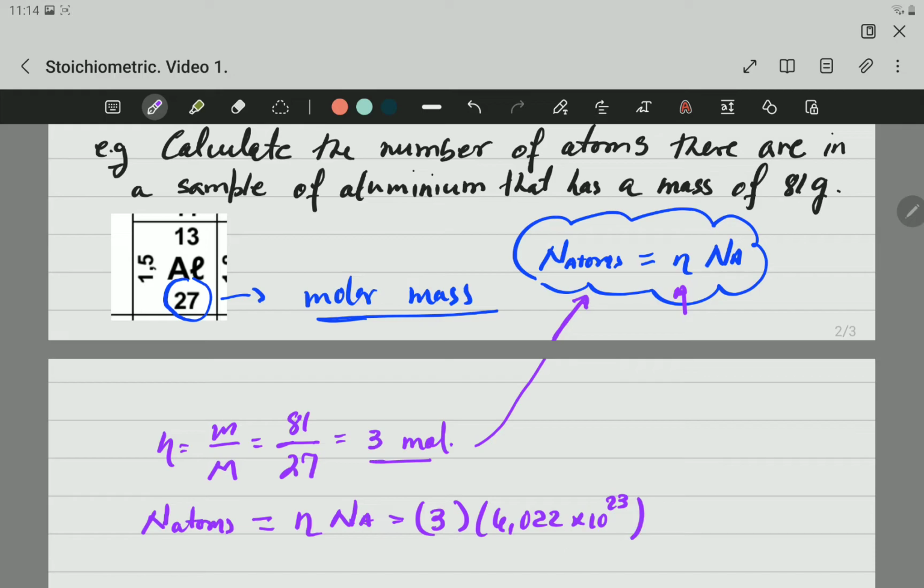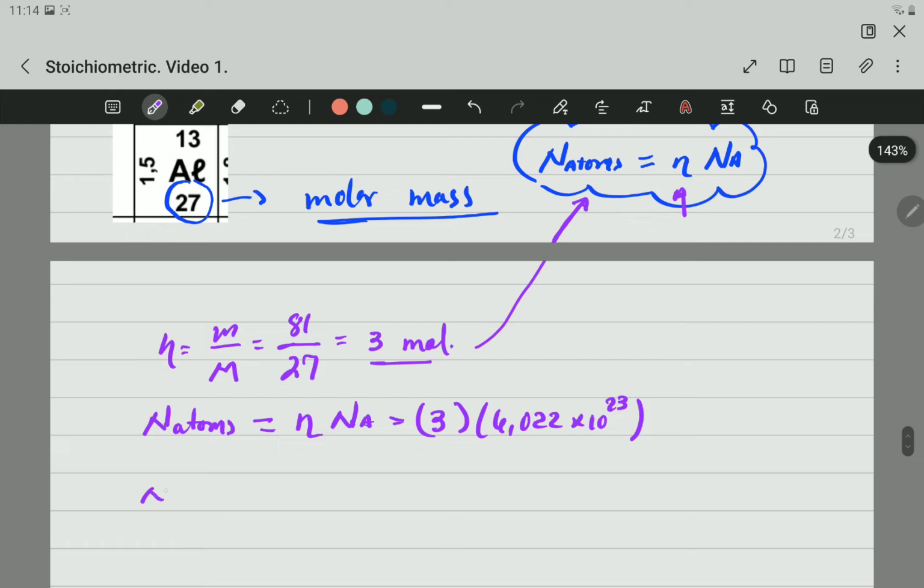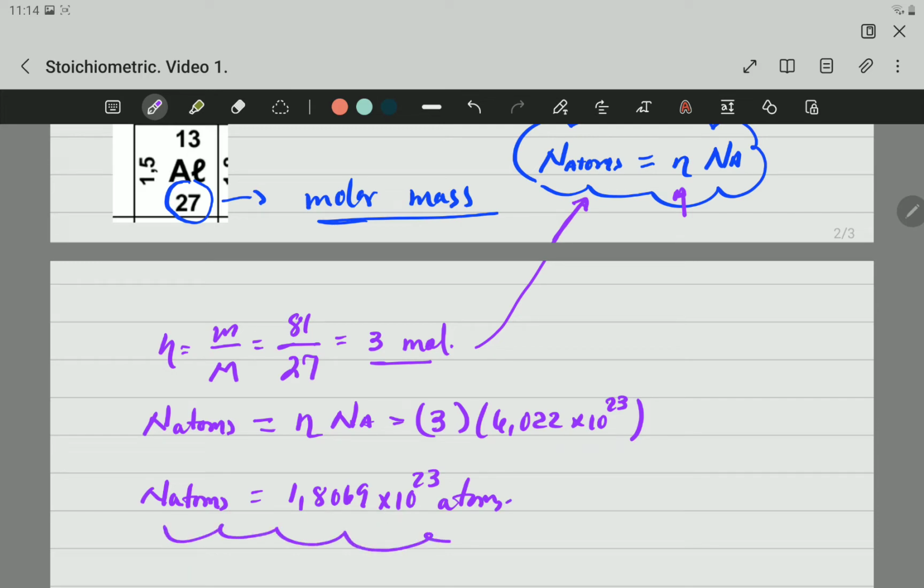Okay, so the final answer is number of atoms is going to be equal to 1.8069 times 10 to the 24 atoms of aluminum, working with aluminum.